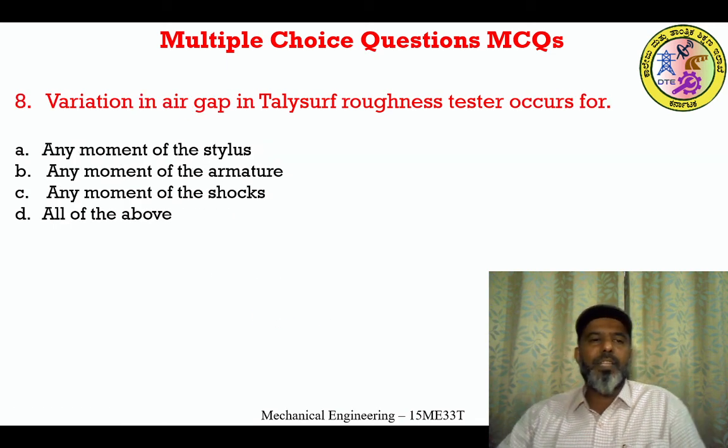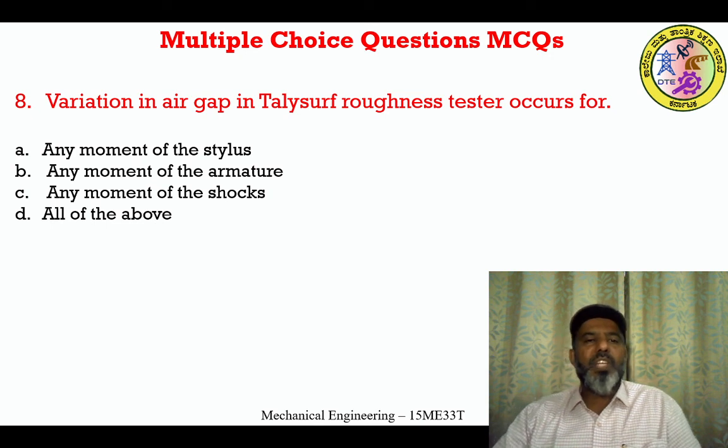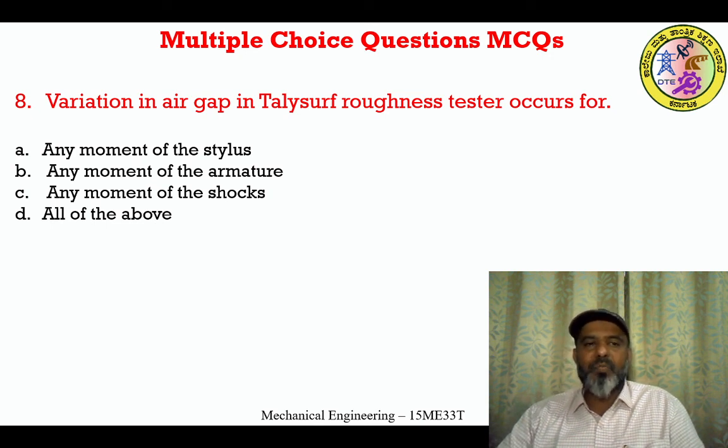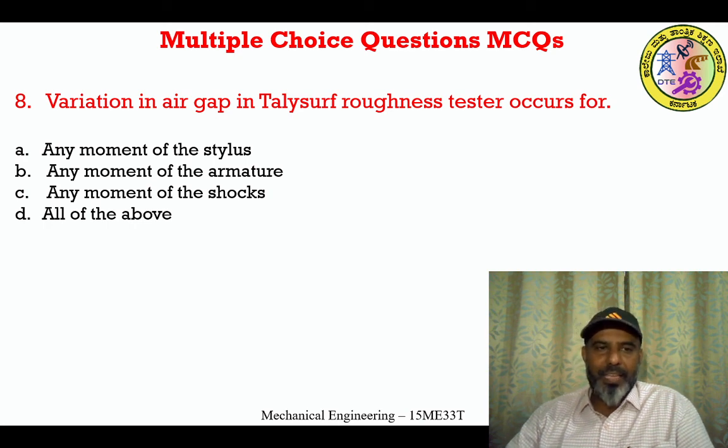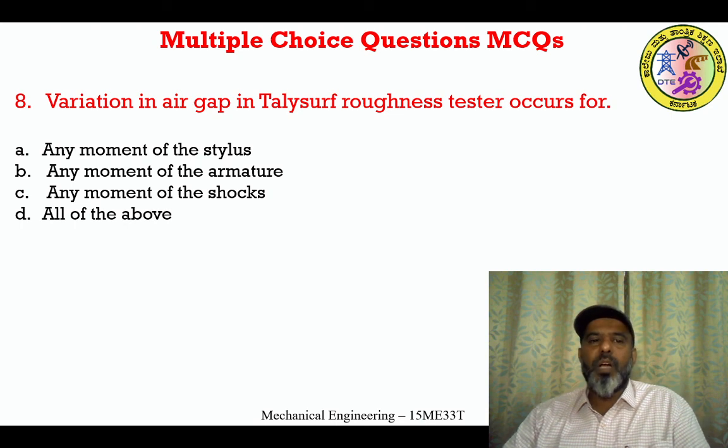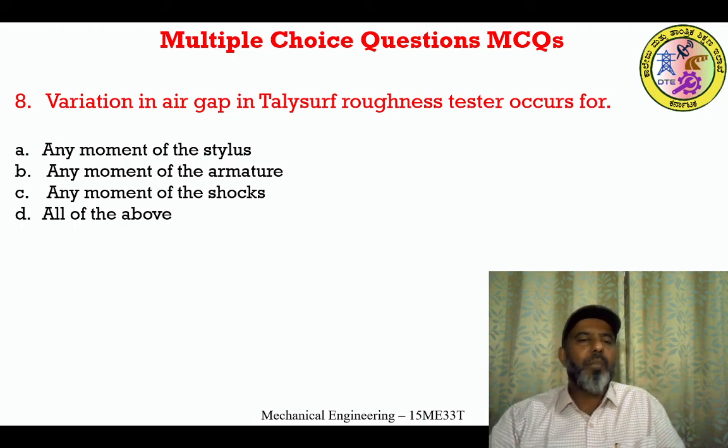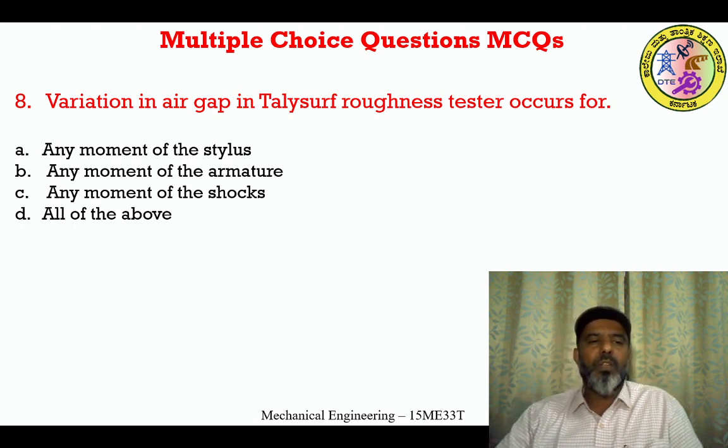Now, the next question: variation in the air gap in the TALYSURF roughness tester occurs for: A, any movement of the stylus; B, any movement of the armature; C, any movement of the skid; or D, all of the above. The answer should appear within 15 seconds.